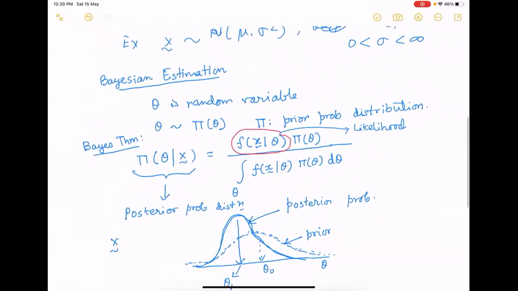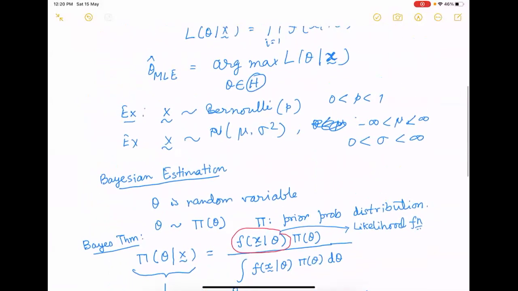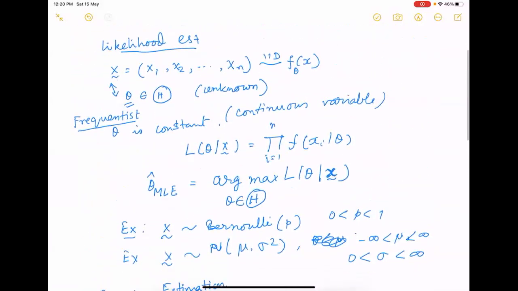Actually, this is nothing but the likelihood function, right? Because given theta, whatever my observed x is, evaluated at the density. This is another notational way of writing the joint density of x tilde given theta, and then we write it as a product.